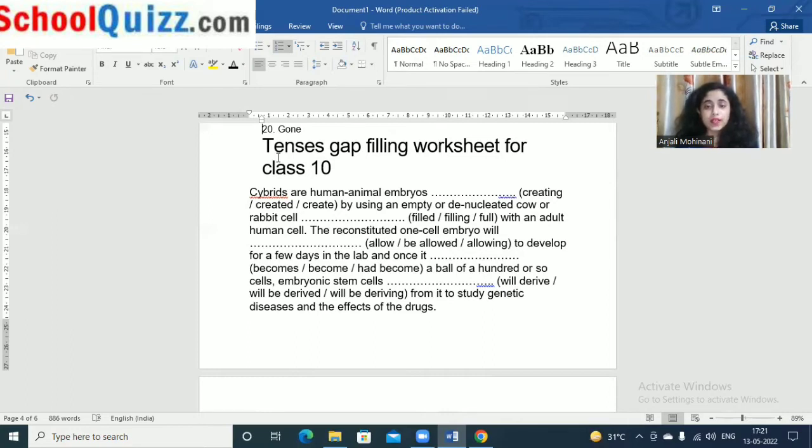Now rabbit cell filled with an adult human cell. The reconstituted one cell embryo will be allowed to develop for a few days in the lab, and once it becomes a ball of 100 or so cells, embryonic stem cells will be derived from it to study genetic diseases and the side effects of the drugs.